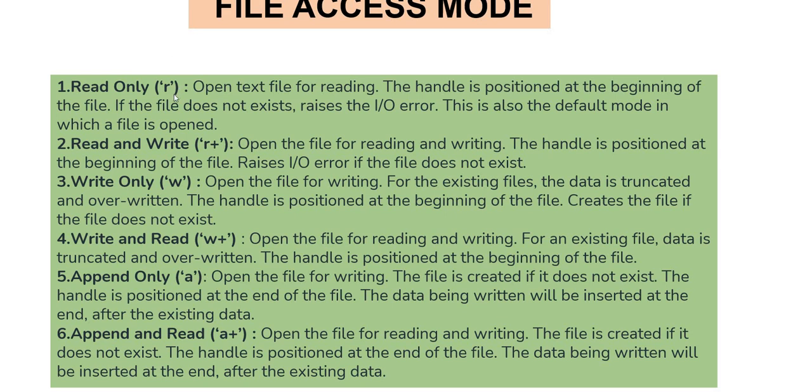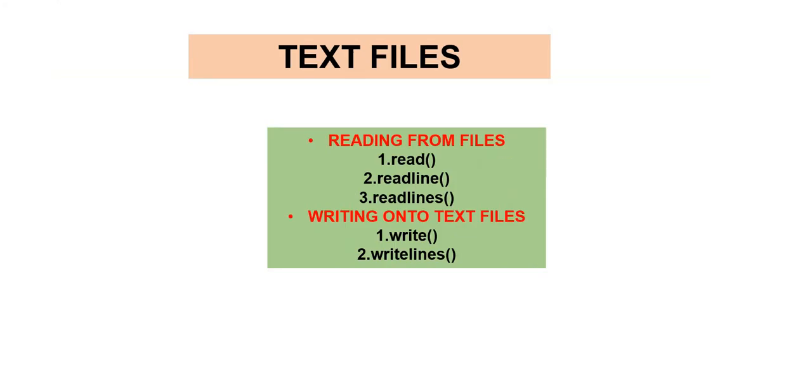For this we have R mode, read only, read and write, R plus, then write only, W, write and read, W plus, append only, A, append and read, A plus. These are the 6 modes we have as file access modes with text files. In binary files also we have modes, but in different form. We will be discussing this in binary file section.